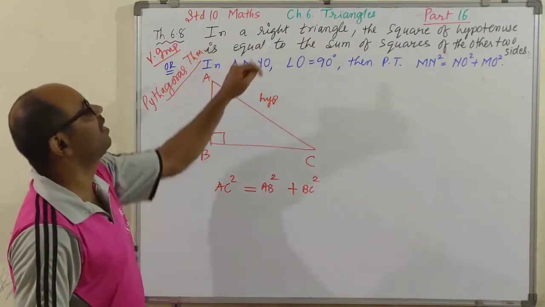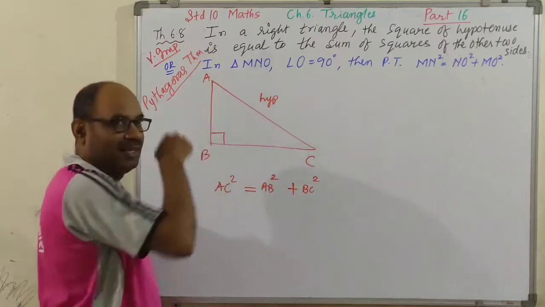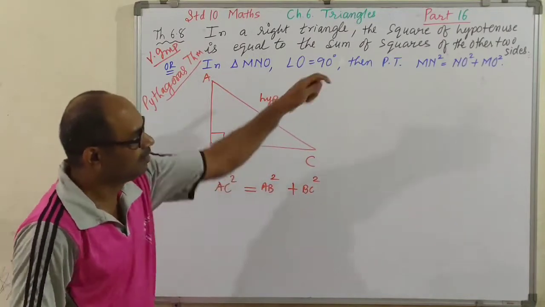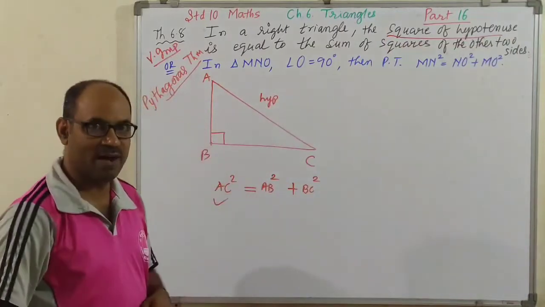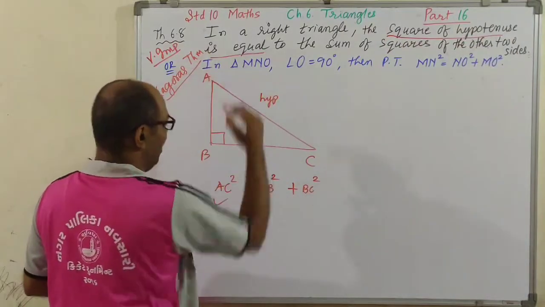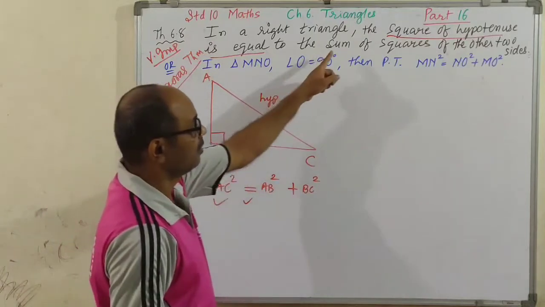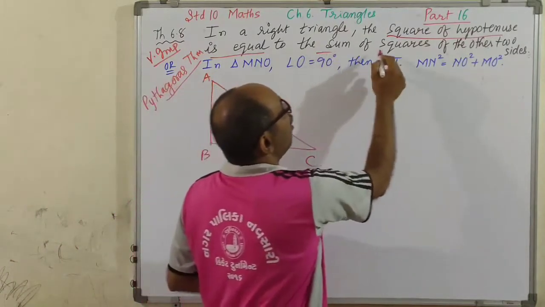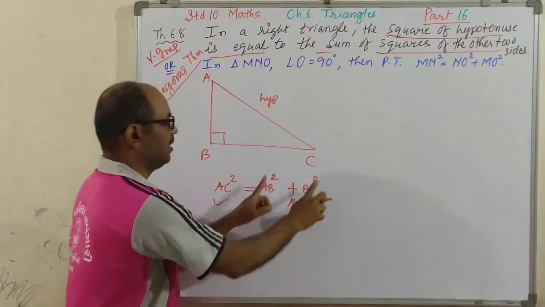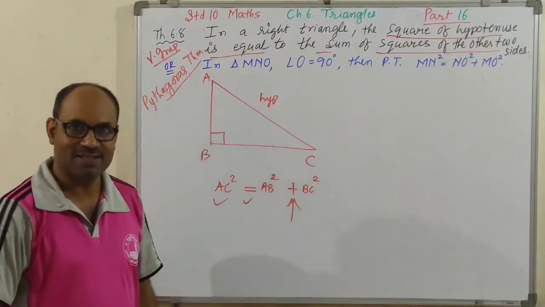In a right angle triangle, so here is right angle triangle, the square of hypotenuse, so here it is square of hypotenuse, is equal to, here it is sum, the sum of squares of other two sides.